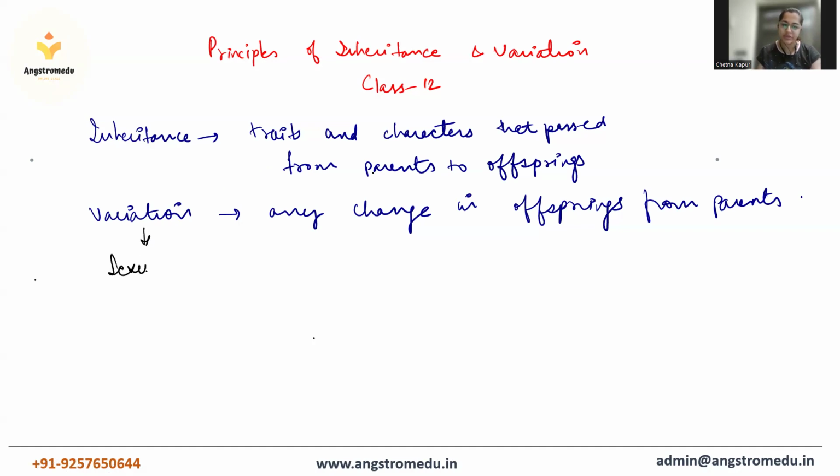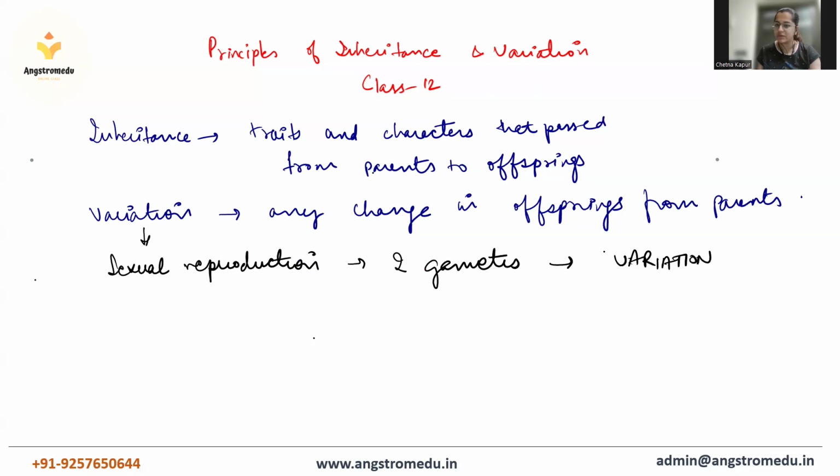This variation is present due to sexual reproduction because in sexual reproduction, two gametes are involved. The involvement of two gametes results in variation, which is important for the process to go on. So we are clear with what inheritance is and what variation is.